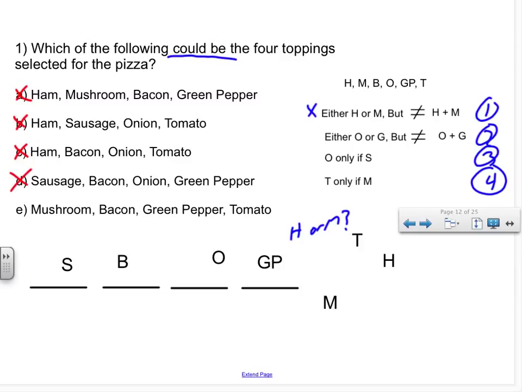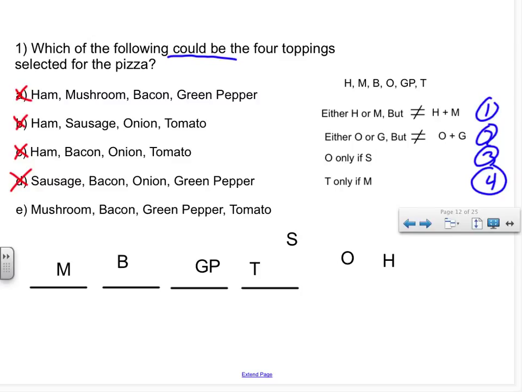And let's try E. E, we have mushroom, bacon, green pepper, and tomato. So let's put a mushroom over here, get rid of our onion. Green pepper can go in the third position, and tomato over here. So let's see if this breaks any of the conditions.